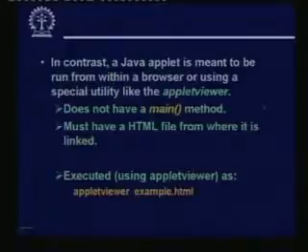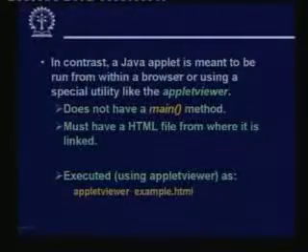A Java applet in contrast is not meant to be executed in a standalone fashion, just like in the previous slide we are executing a Java bytecode by giving the Java bytecode file this kind of a command. Java applets are meant to be downloaded along with a web page, and executed along with it. Okay.